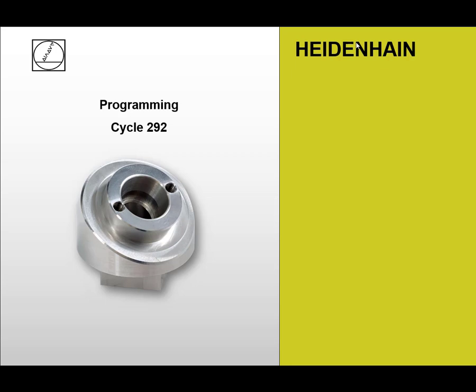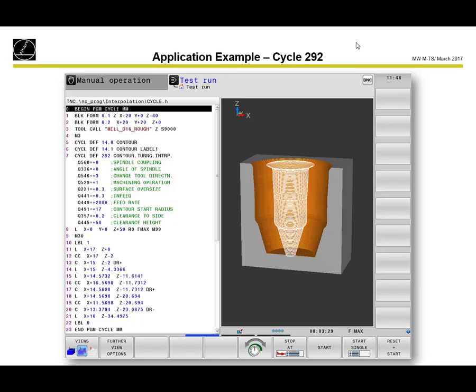At first we look at cycle 292, because this cycle we can often use directly on the control for programming. So this is a special application example. We have a rotating symmetric contour and we want to machine this contour with a milling tool. You see the structure of the NC program.